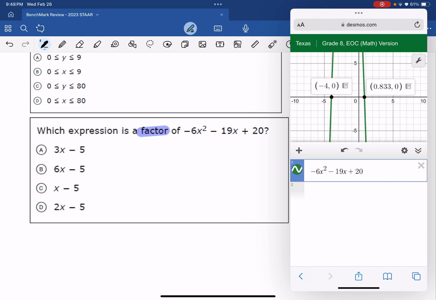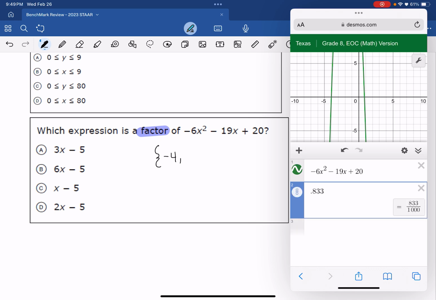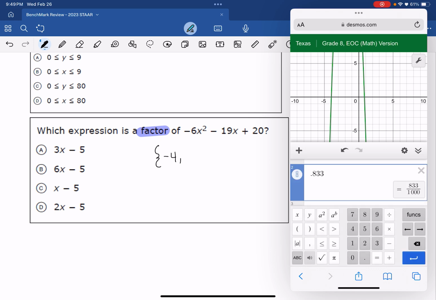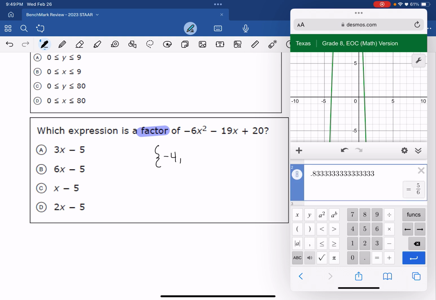Okay, so I know it crosses at -4, and then 0.833 as a fraction. We don't like that, so if something like 833 over 1,000 comes up, keep pressing that 3 until another fraction comes up, and so it's 5/6. That's a Desmos hack for you there.